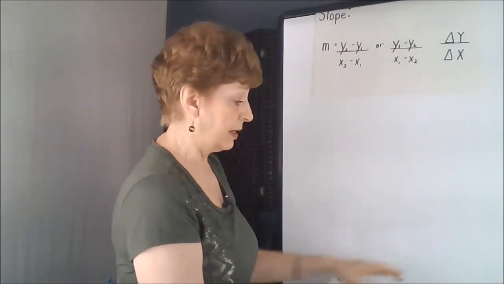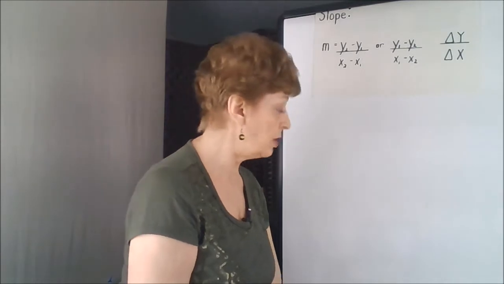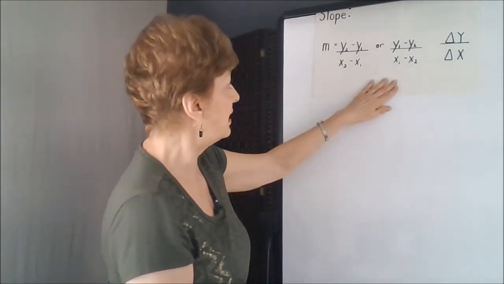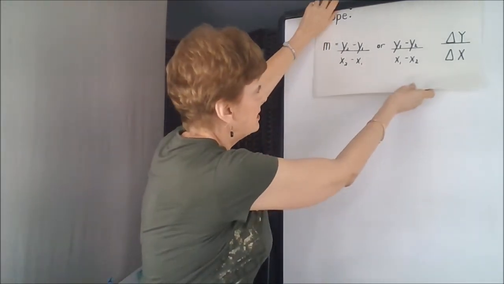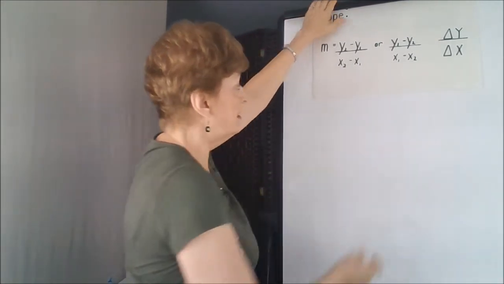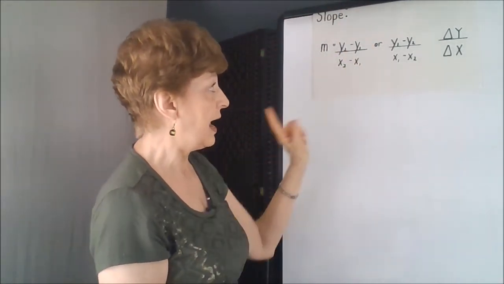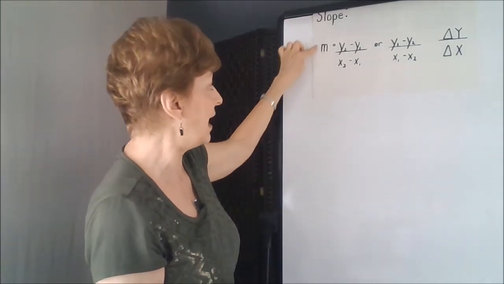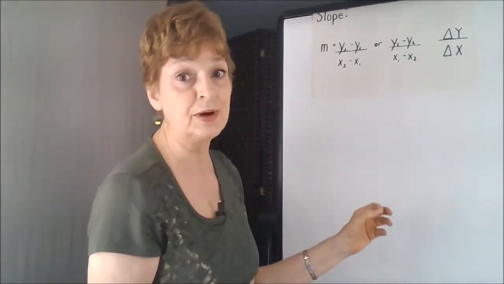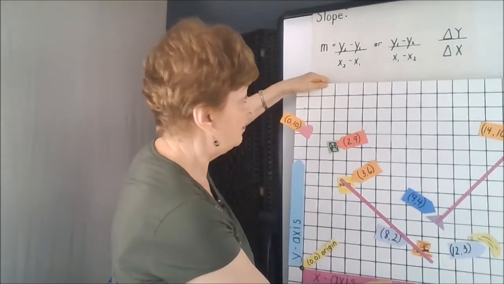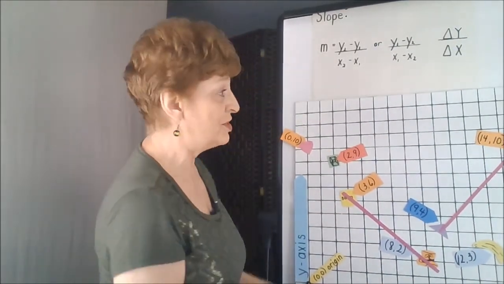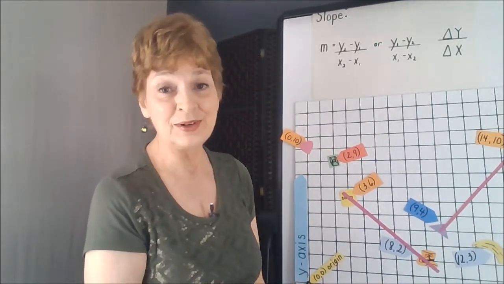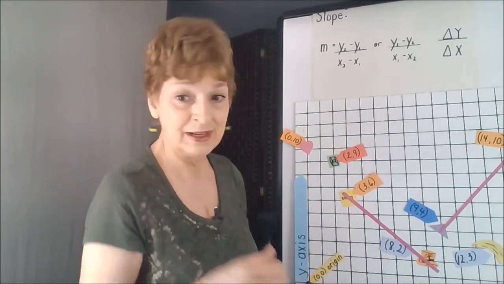at this formula. That's in your notes too, so you can refer to your notes as we go along here. This slope formula takes two ordered pairs, and we are going to put it into this formula and find the m value, the slope value of the slope formula. Remember this board? This is where we actually found the ordered pairs.